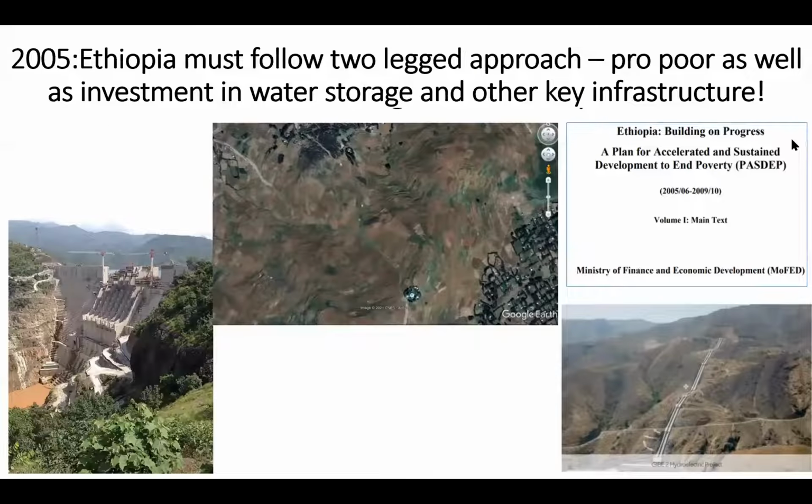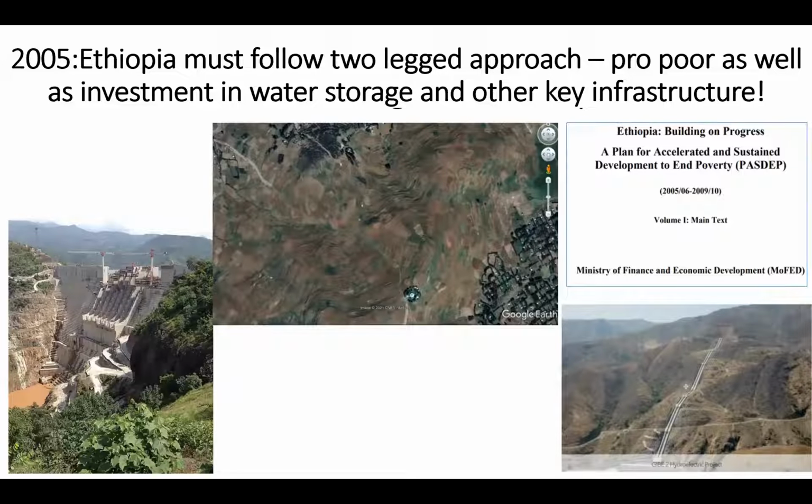Now, coming back to the dismal outcome of SDPRP, the program that had been running for about a decade, Ethiopia and her friends and development partners agreed to follow a new economic paradigm named PASDEP and subsequently GTP, Growth and Transformation Plan. Now, Ethiopia must follow a two-legged approach.